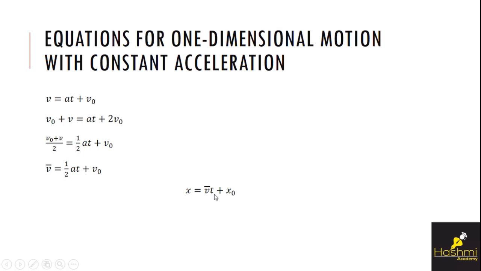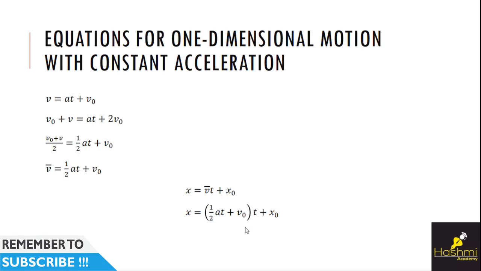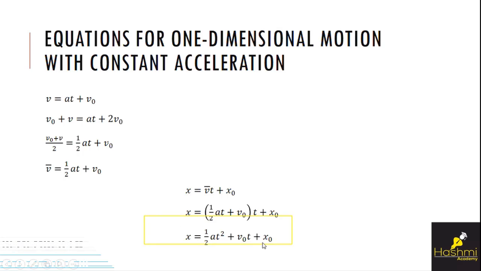Since x is equal to v bar t plus x naught, replacing v bar gives x is equal to half of at plus v naught, times t, plus x naught. So x is equal to x naught plus v naught t plus half at squared. This is your second equation of motion.